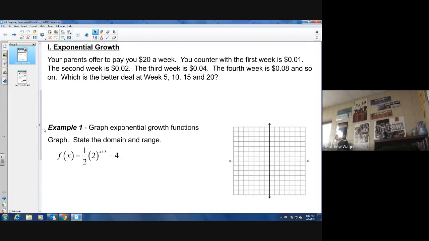And then in the end, if we went all the way to week 20, 20 bucks a week is $400. That's option A. If your parents fell for it and went with option B, they would owe you $10,485.75. And that's basically the power of exponential growth. It starts really, really slow and it gets really, really high.